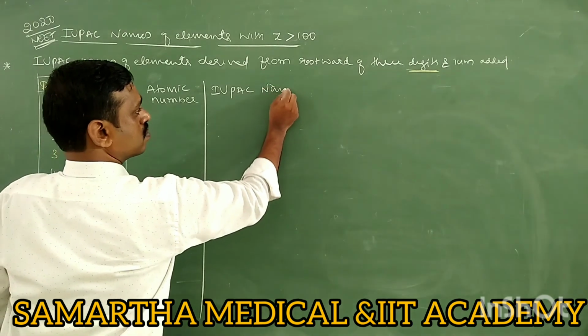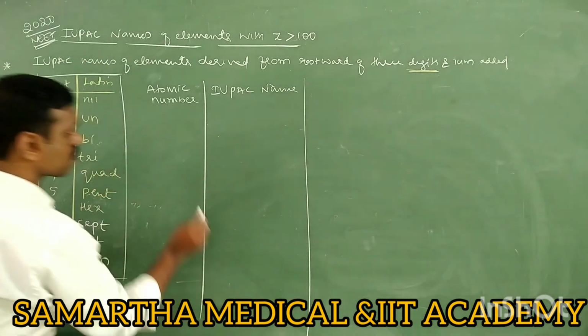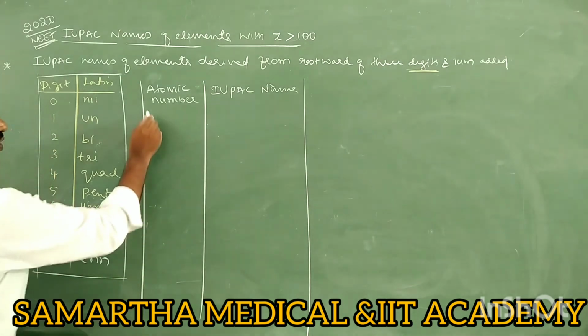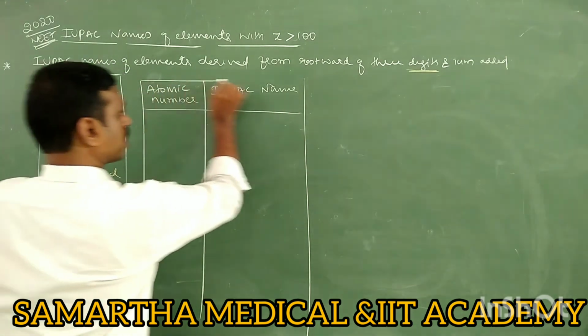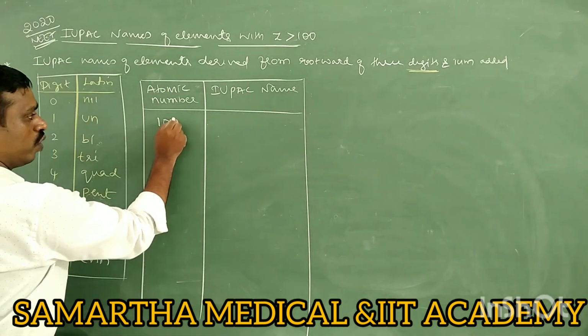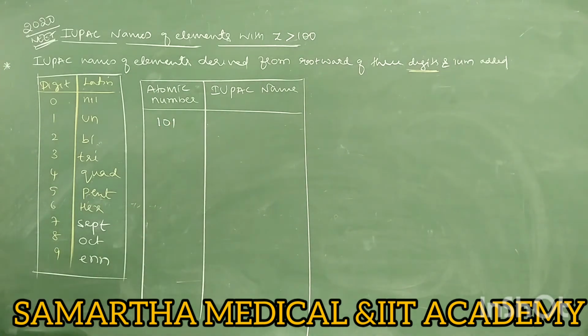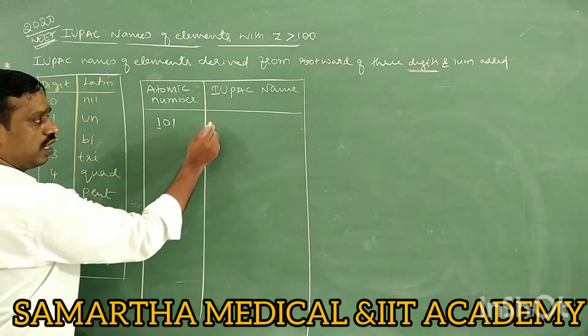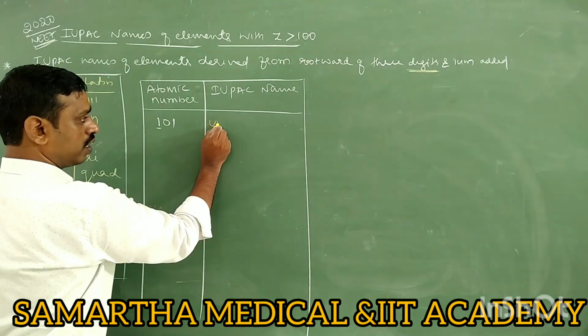If the atomic number is 101, what is its IUPAC name? 1 is un, right?